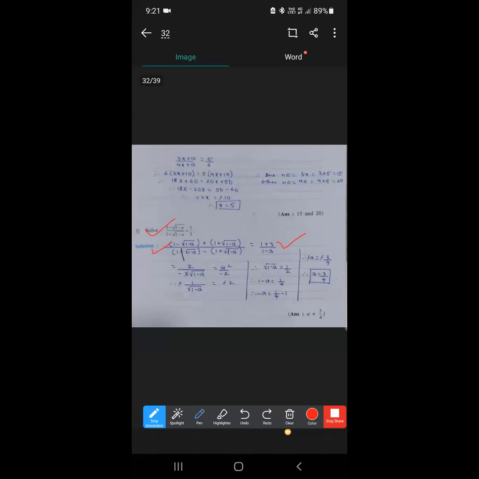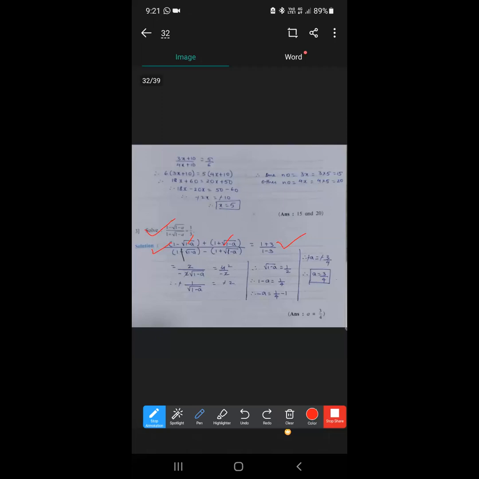Now, if you open this bracket, the minus under root 1 minus a and plus under root 1 minus a will get cancelled. So what remains? 1 plus 1, that is 2, in the numerator.